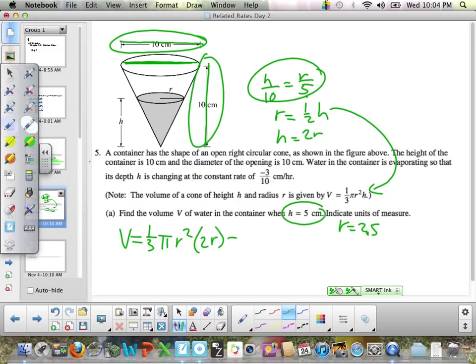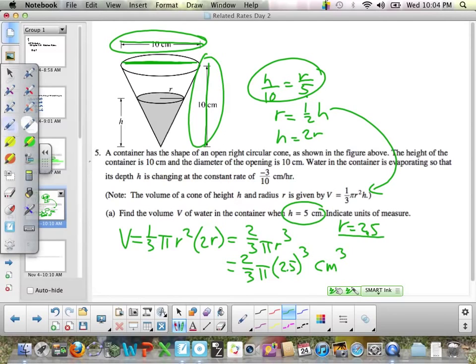If we simplify that, we get 2/3 pi r cubed. H equals 5, so r equals 2.5. So that's 2/3 pi times 2.5 cubed, and since it's volume, cubic centimeters. All right? And it doesn't say to round anything, so we can leave it like that.